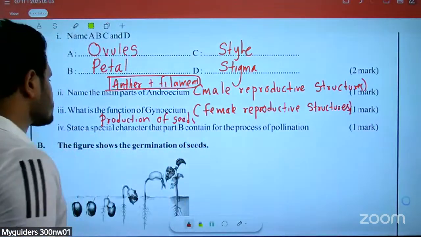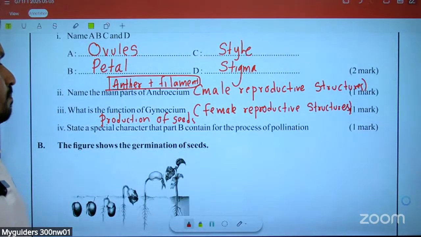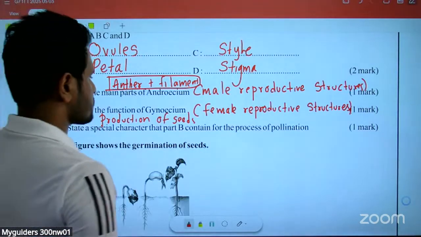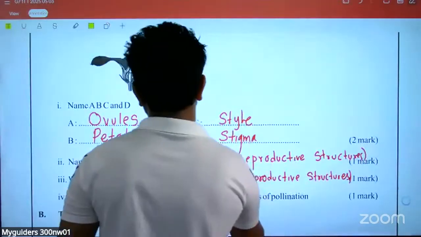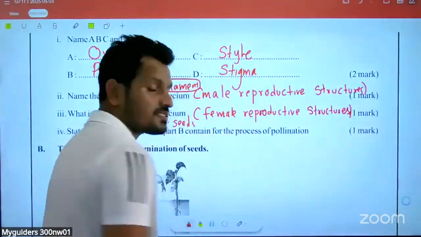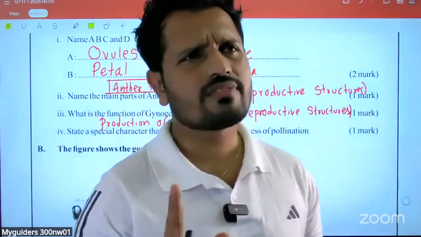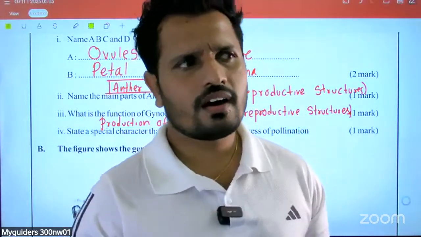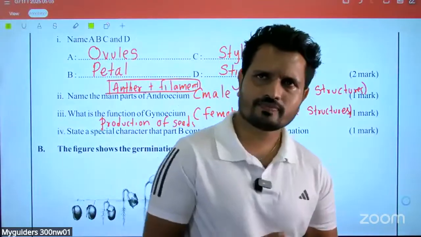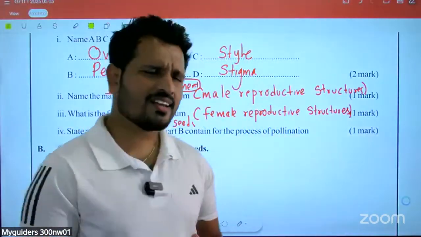Last one, state a special character that part B contains for the process of pollination. මොකක්ද බලමු part B කියන්නේ? Flowers. Flower එකේ petals. How are these petals of a flower very important for reproduction? Right? How?